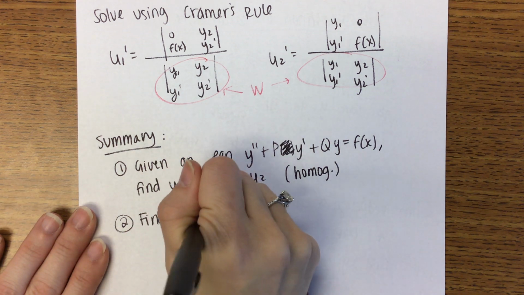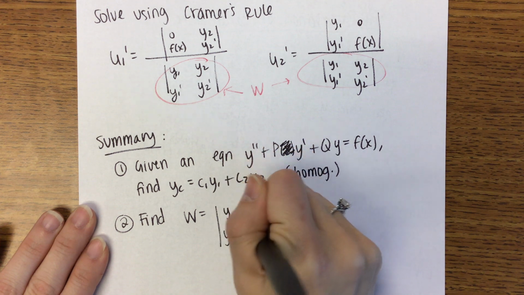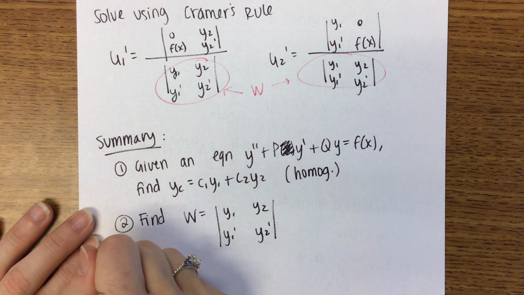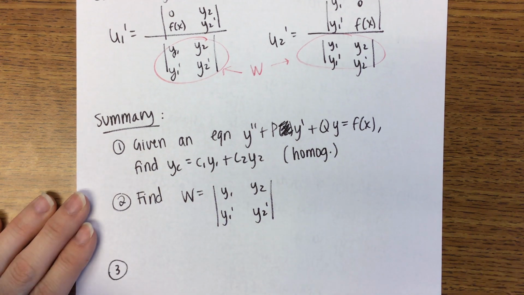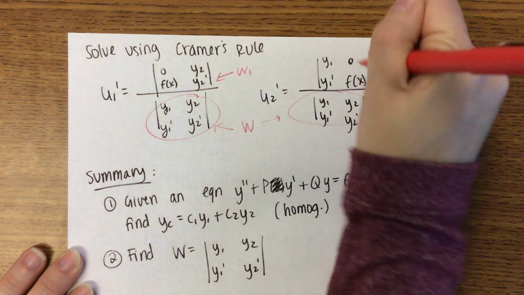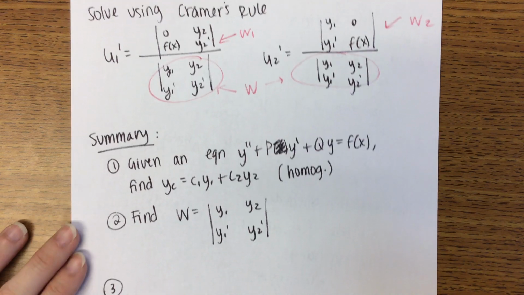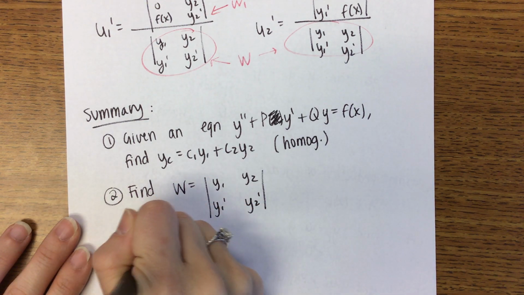So next you're going to find the Wronskian. Okay, what I wrote above, this is called W1, this is called W2. So then you'll find W1 and W2.